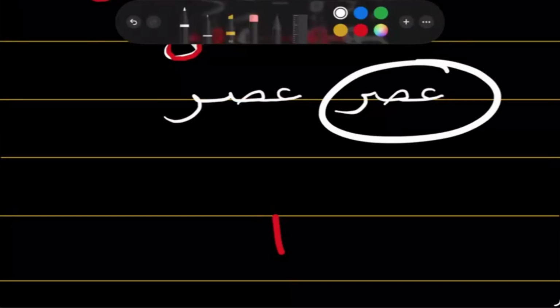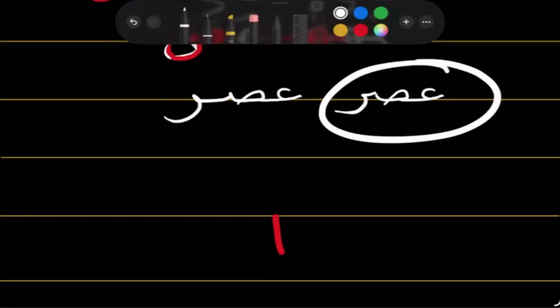Same thing with this seen. خسر، إن الإنسان لفي خسر. So khusr ends with a ra. Ra goes over the line a little bit. Here's the kha. Here's the seen. Now, the third tooth of the seen is just about as high as the ra is over the line.